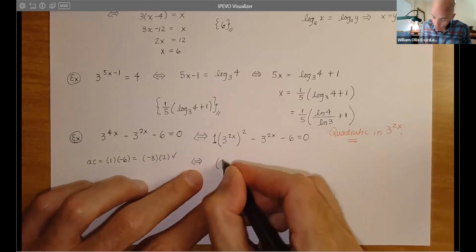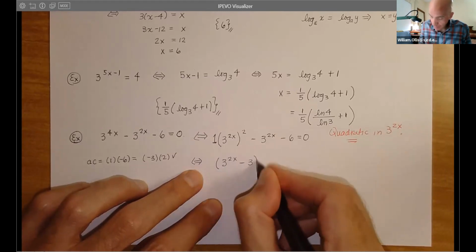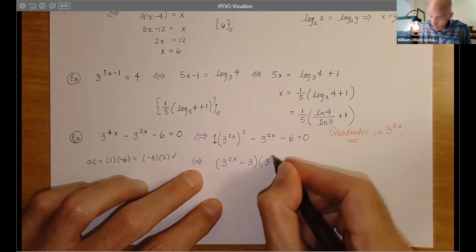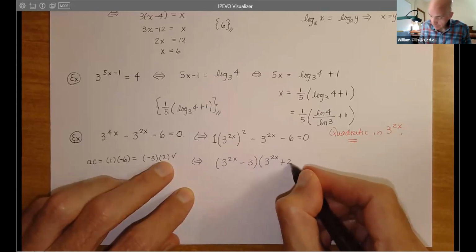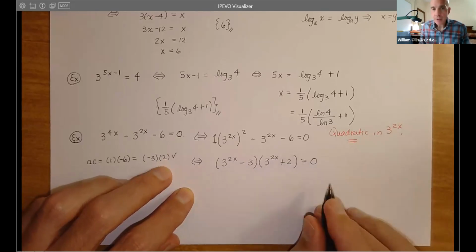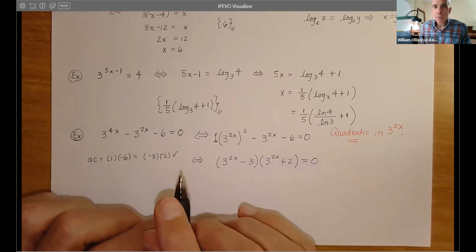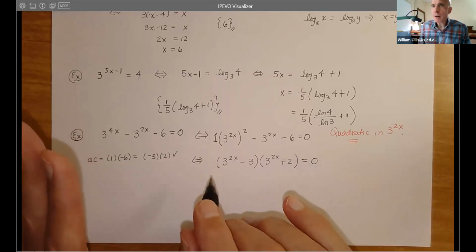So now we have 3 to the 2x minus 3 times 3 to the 2x plus 2, and that equals 0.